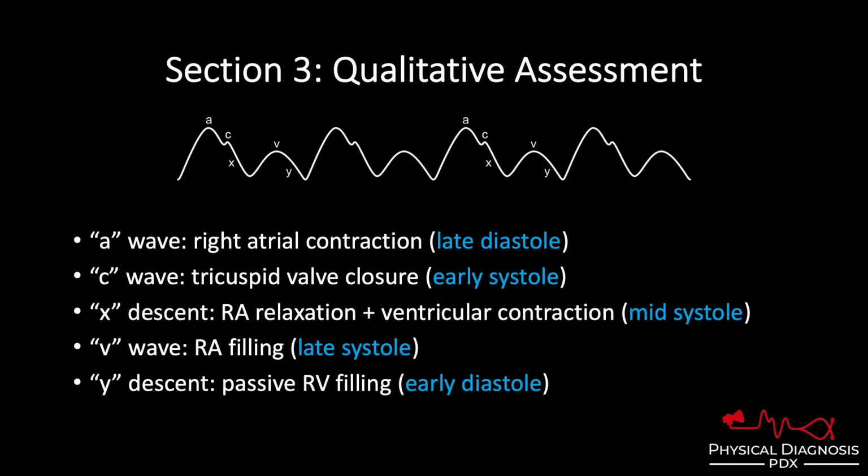Now we're back in early diastole, and what's happening there? Well, the tricuspid valve springs open, and now you have passive ventricular filling from the right atrium. And obviously, as the right atrium loses that volume of blood, pressure will also go down, and that's going to create the Y descent. It is critical to have an intimate understanding of the normal jugular venous waveform and the cardiac events that cause each component of the waveform.